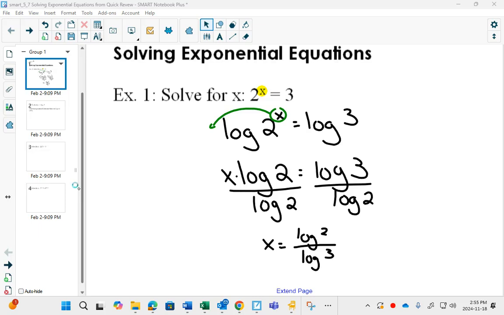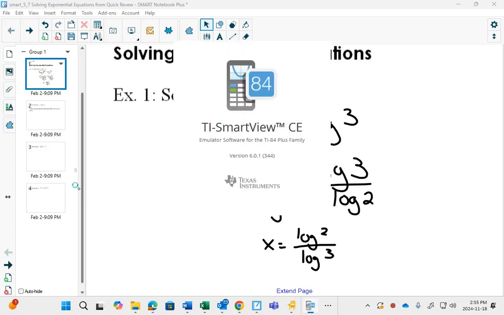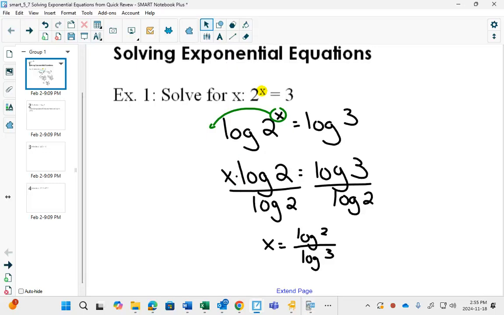Pull up our calculator. Wait. Isn't it log of 3 divided by log of 2? Yeah, it is. I don't know where things are going bad today. Look at that, 1.58.